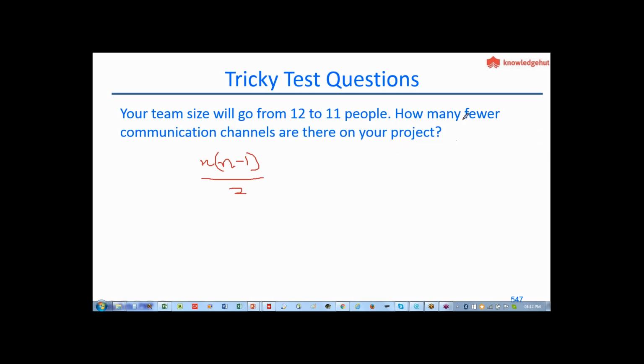So basically they're asking how many fewer communication channels there are on your project. 55. Eleven.